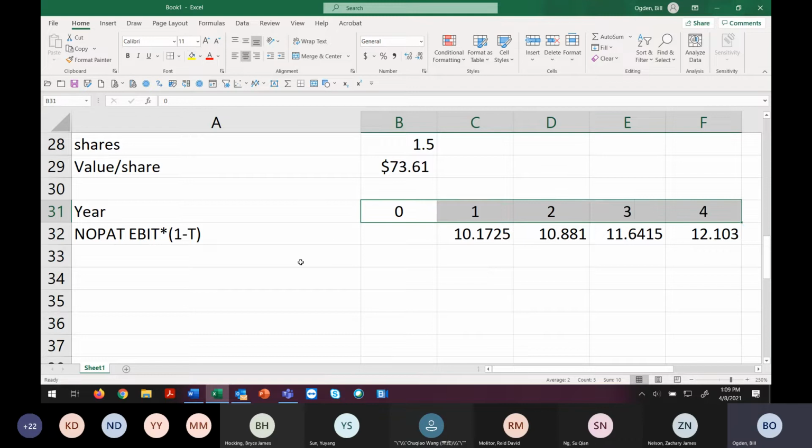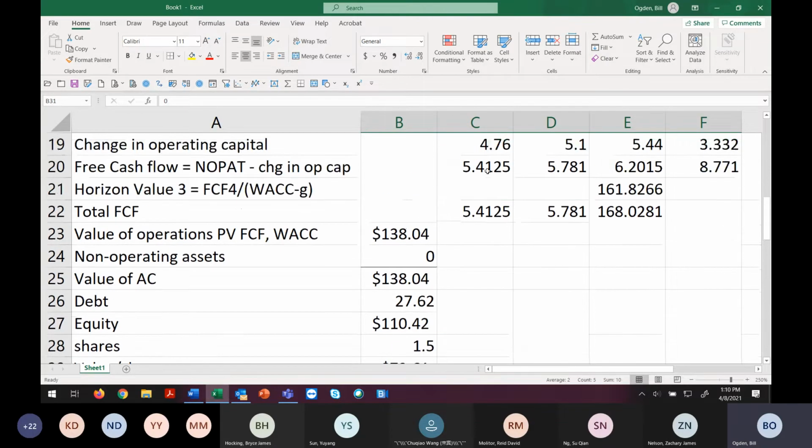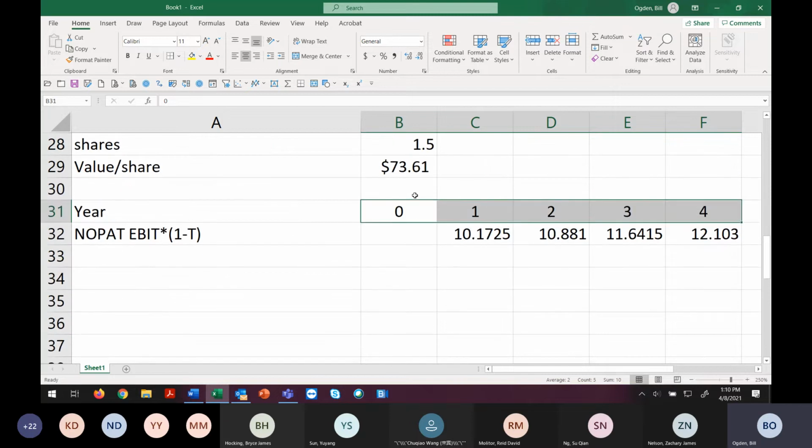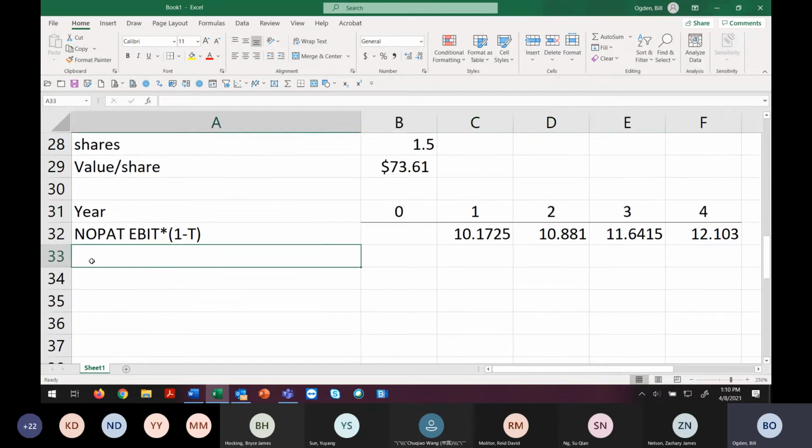All right. There, if you were a big fan of your textbook and you wanted to do this exactly like the textbook does it, they don't do it. They don't do free cash flow like I did up here. Okay? Let me show you what they do. They add back depreciation.